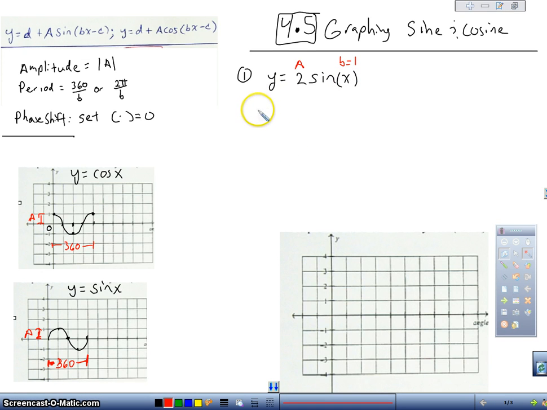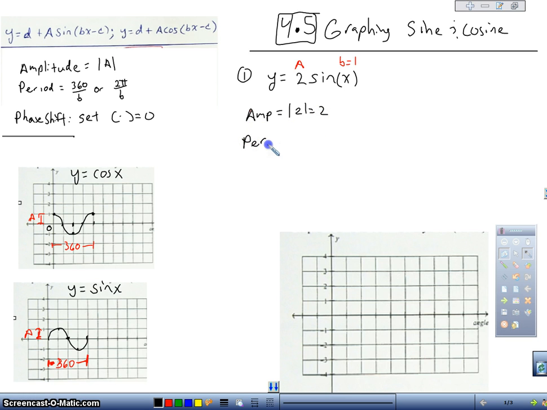Okay, we can begin. So the amplitude is given by this little formula. And so we take the absolute value of A, which is the absolute value of 2, and it's 2.